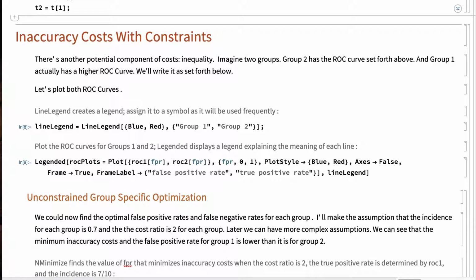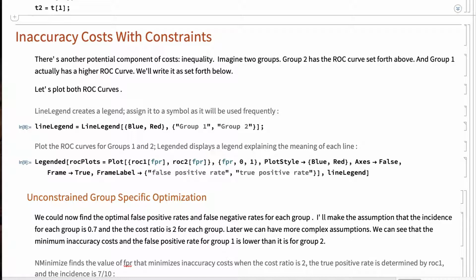So far we've been looking at the relationship between ROC curves and inaccuracy costs and trying to find values on a ROC curve that minimize inaccuracy costs. But if we have two groups and some concern about justice, we might want to place some constraints on where those classifiers can operate.